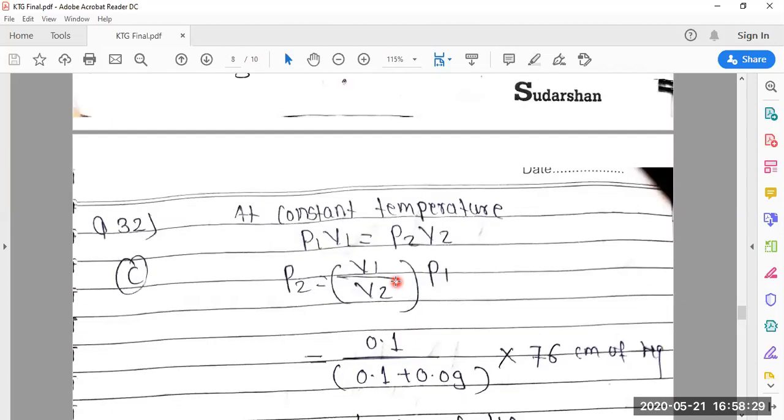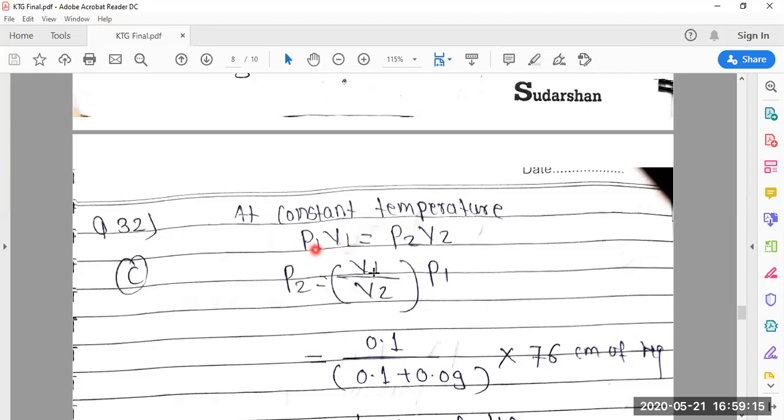Question number 32. A vessel containing 0.1 meter cube of air at 76 centimeter of Hg is connected to an evacuated vessel of capacity 0.9 meter cube. The resultant air pressure is? So the first condition is constant temperature. At constant temperature, we can write the relation between pressure and volume: P1 V1 is equal to P2 V2.